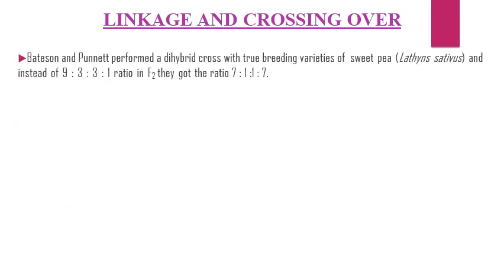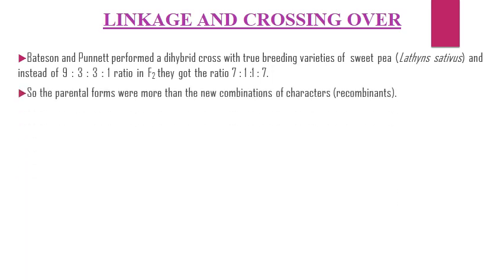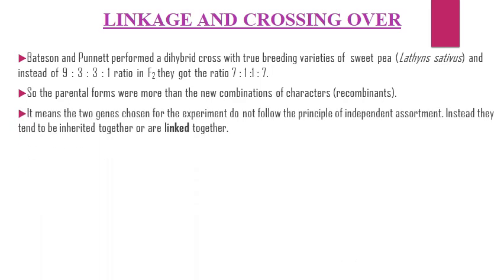Bateson and Punnett performed a dihybrid cross with true breeding varieties of sweet pea, and instead of the 9:3:3:1 ratio in the F2 generation, they got the ratio 7:1:1:7. So the parental forms were more than the new combinations of characters.